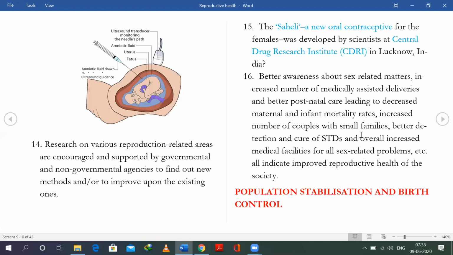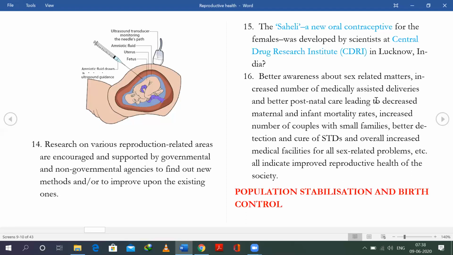With this awareness, we can have smaller families, less maternal and infant mortality, and better detection and cure for sexually transmitted disorders. We can detect them early through awareness, or avoid them completely, and even if they are transmitted, early detection lets us provide a cure.